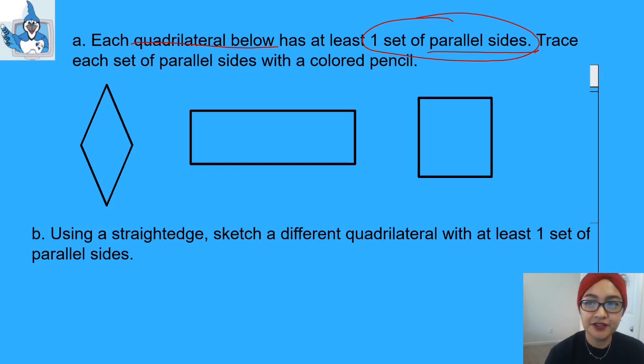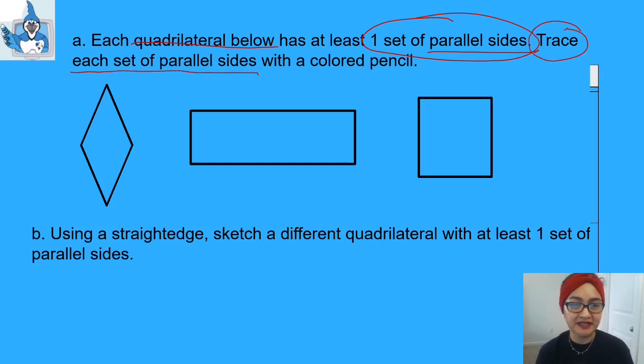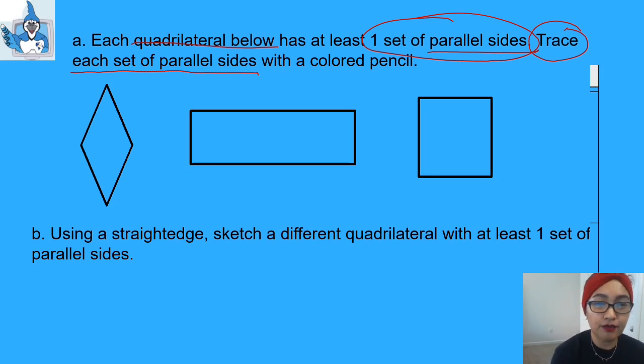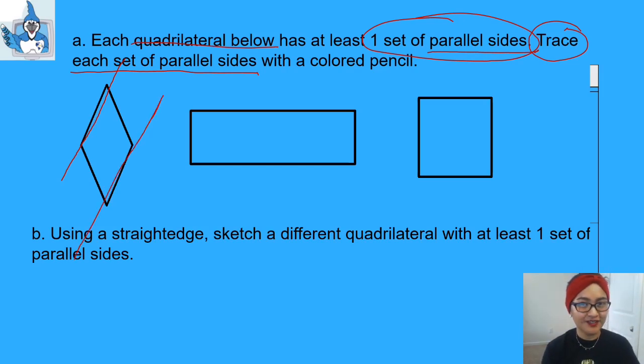Okay, it says trace each set of parallel sides with a colored pencil. All right, let's look at the rhombus. All right, so the rhombus has 4 sides and 4 angles. Let's find a set of parallel sides. I see this one will not meet that one. So they're parallel. Okay, that's one set.